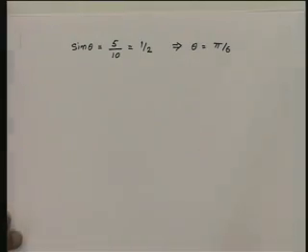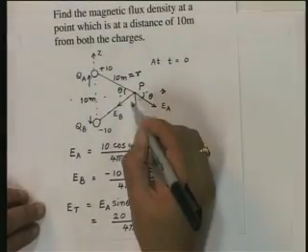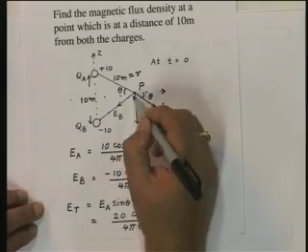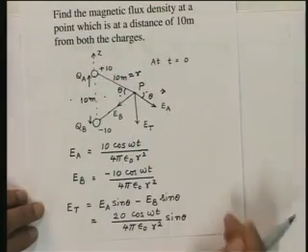So, the total electric field which we are getting now at this location P will be oriented in the negative z direction.